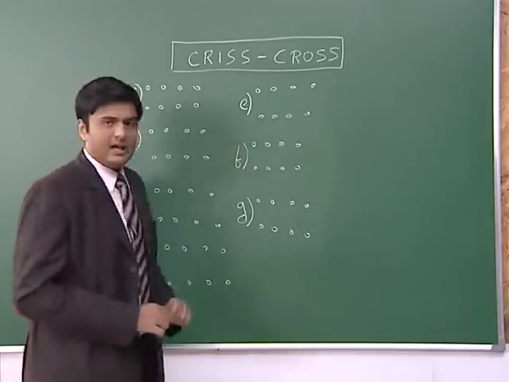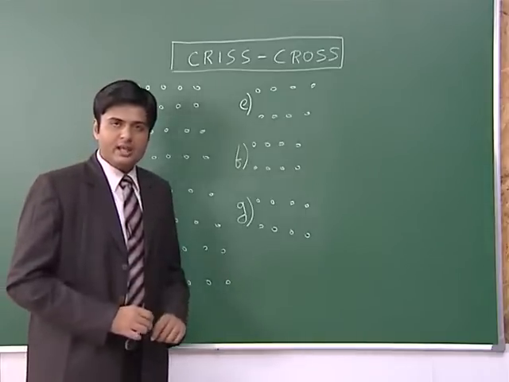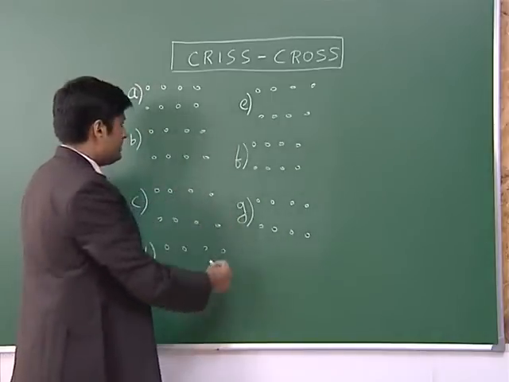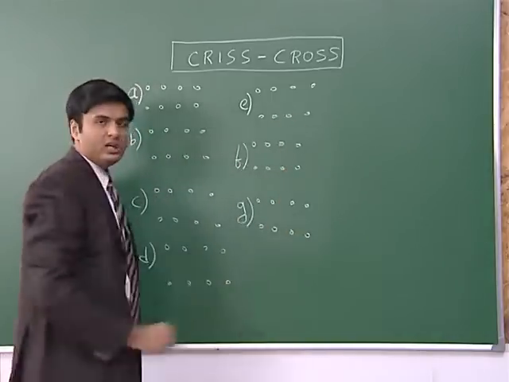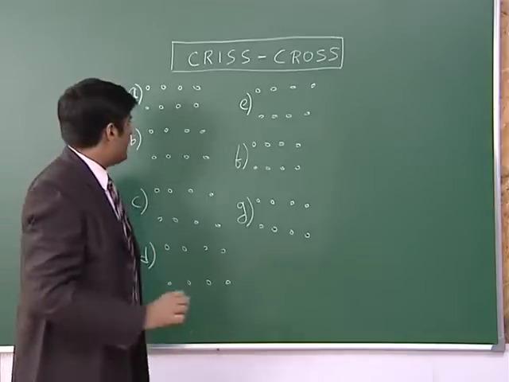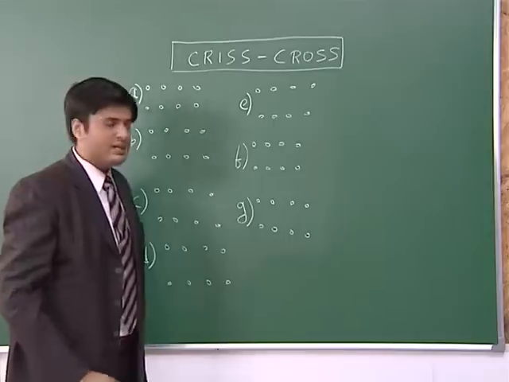Let us draw the design. For 4 by 4 multiplication, we use 7 steps: A, B, C, D, E, F, G. We have 4 dots above and 4 dots below. Let us see how to join them and form the design.